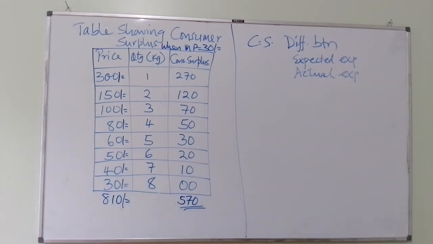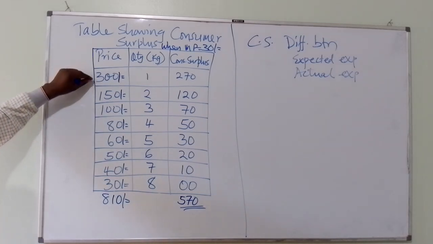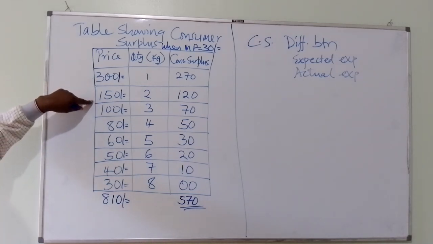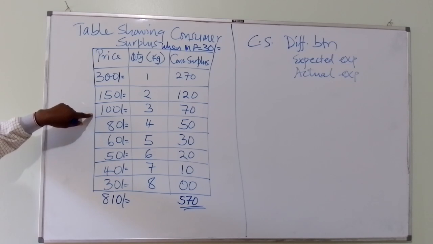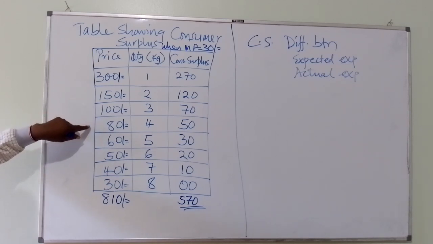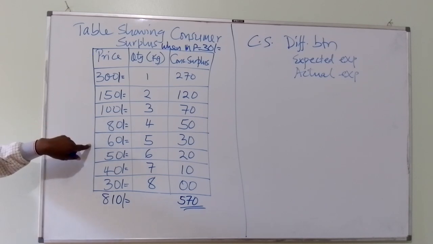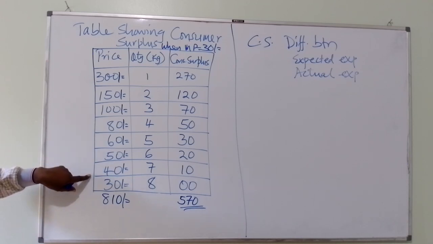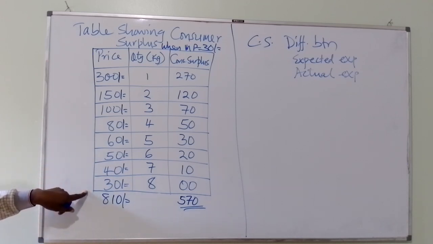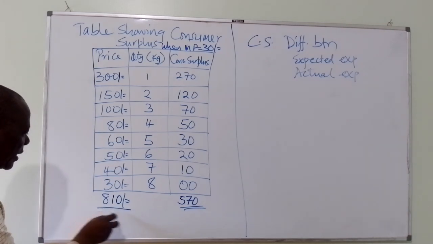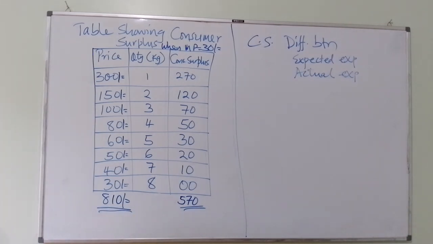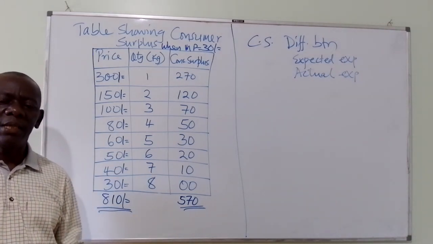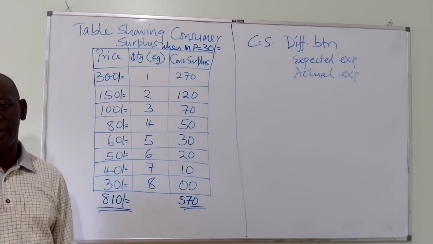You can add up and see. This is 300 plus this 450, 550, 630, 690, 740, 780, 810. That is what he expected to spend on the 8 kilograms of sugar.